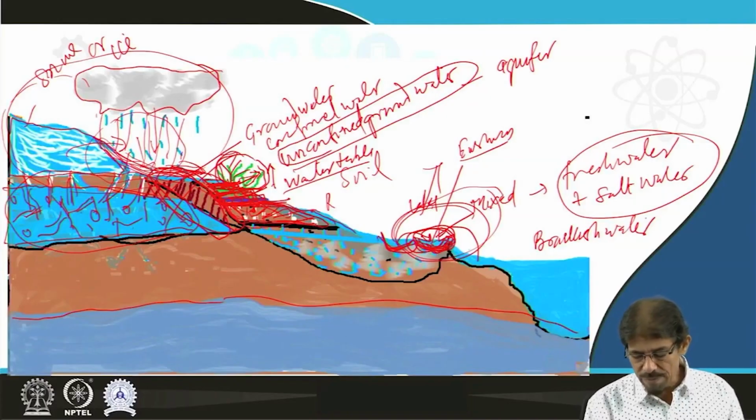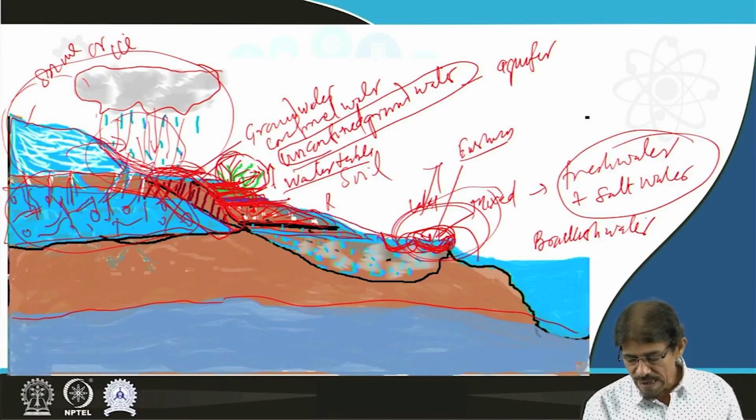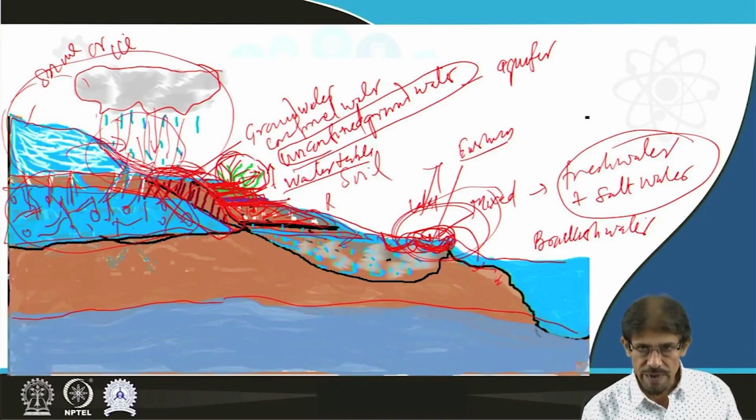Then some of the water moving in rivers is responsible to interact with rock or with soil during flow or during impoundment.